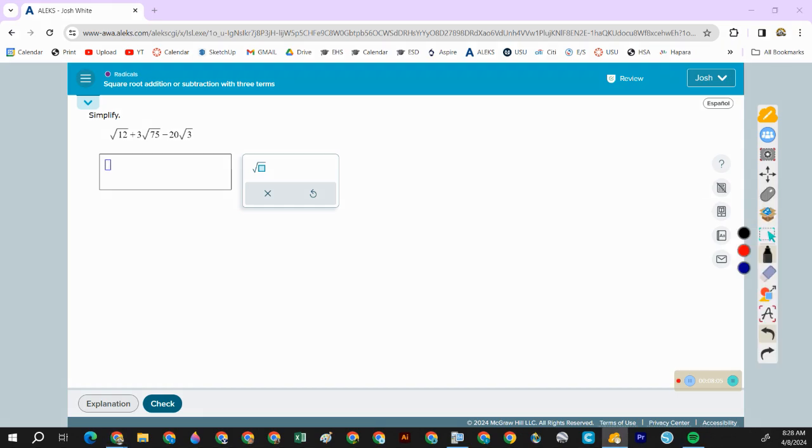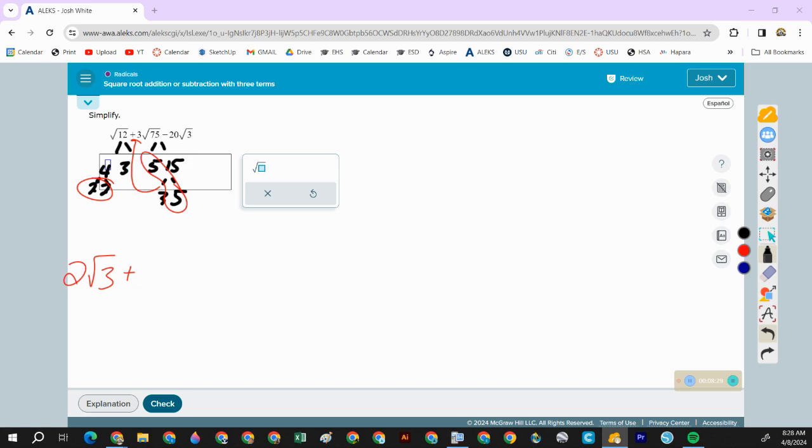All right. 4 and 3, 5 and 15, 2 and 2, 3 and 5. So here I can bring out a set of 2's. So 2 root 3 plus. Here I can bring out a set of 5's.